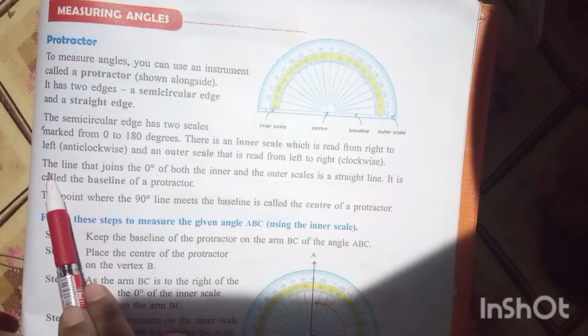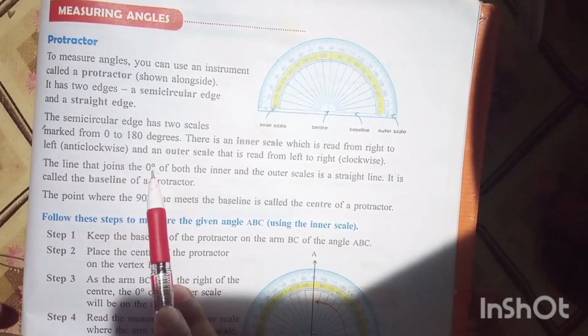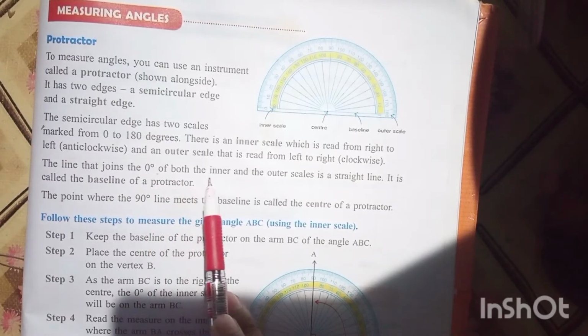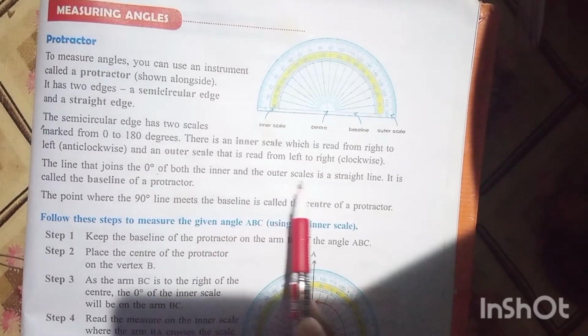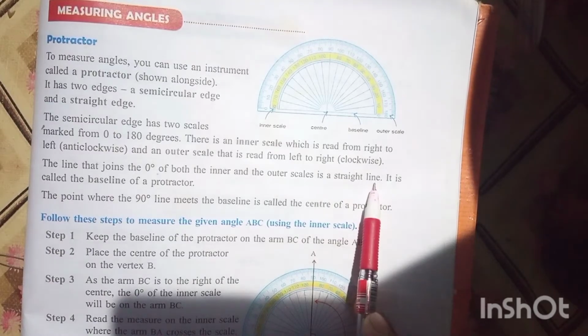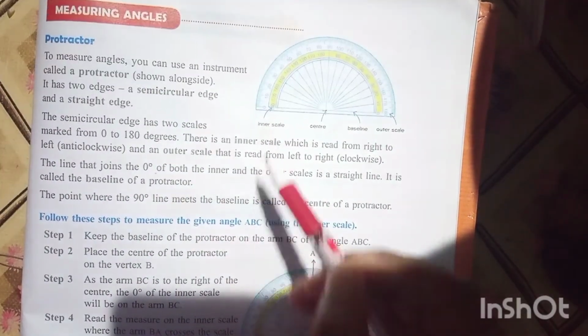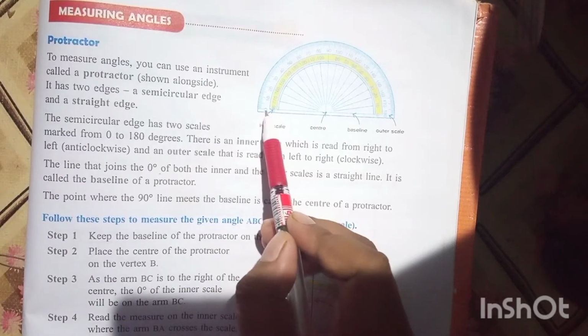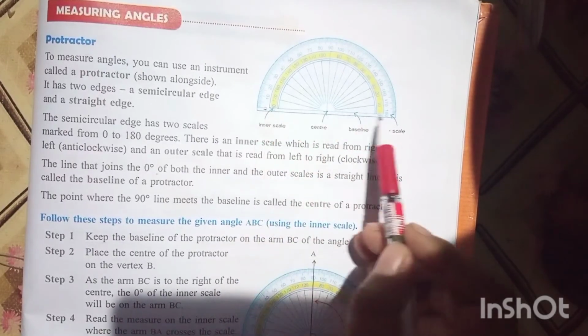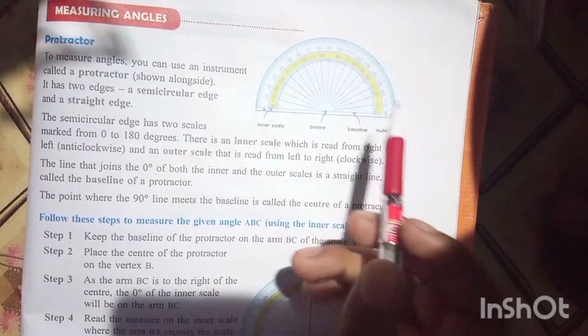The line that joins the 0 degree of both the inner and outer scale is a straight line.